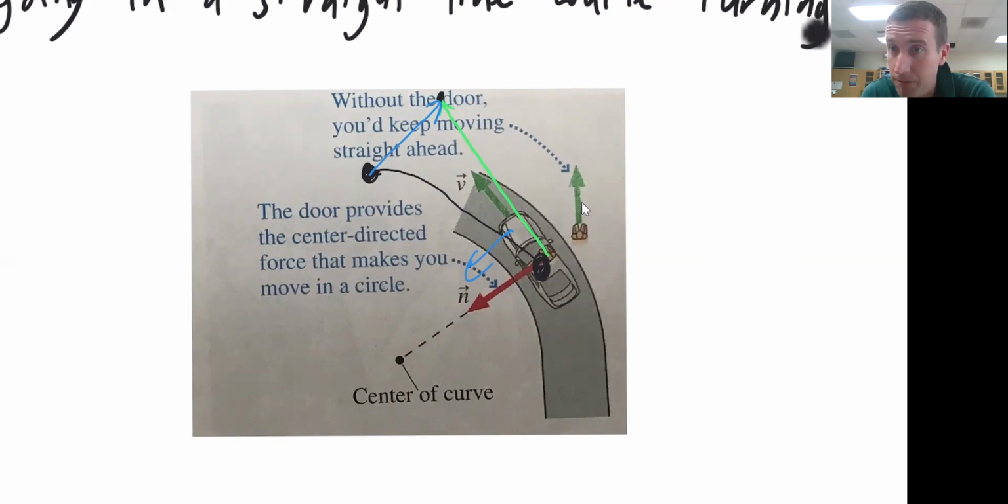Now, if suddenly you were in a convertible not wearing a seatbelt and you could levitate out of the door or whatever, then you would keep going in a straight line, right? It's easier to think of a little thing, a ball on a string. If I spin it around and around, and then I let go at one point, it's going to keep going in that straight line, right? It's not going to follow the circle anymore. It keeps going on its tangential velocity.